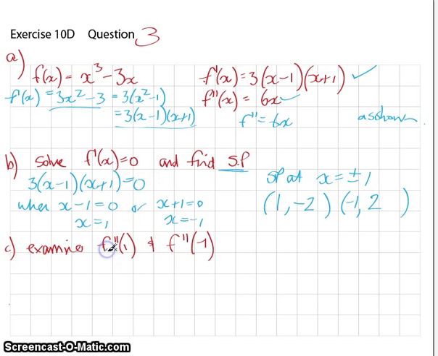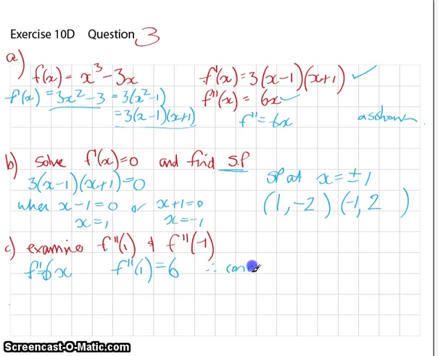And this is to establish, using the second derivative, the nature of these. So I see that the second derivative is 6x. So basically I want to look at f double dash of 1, which is 6.